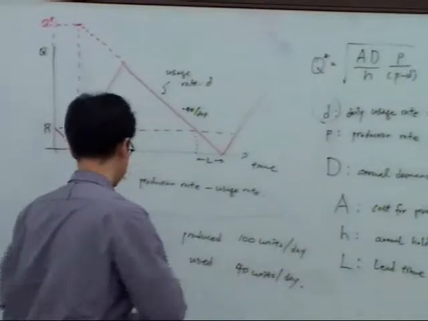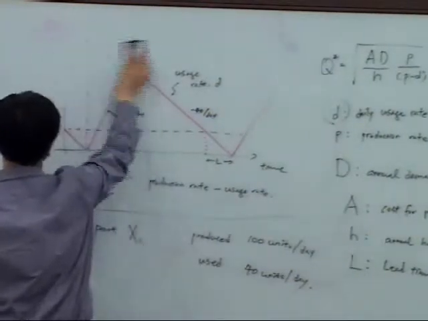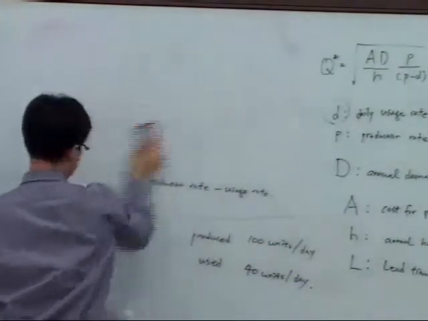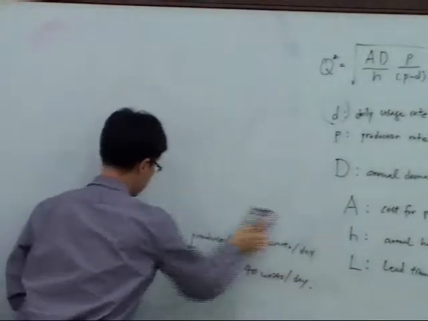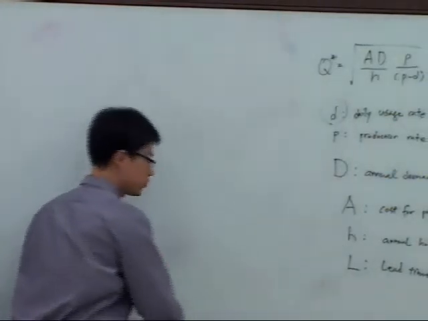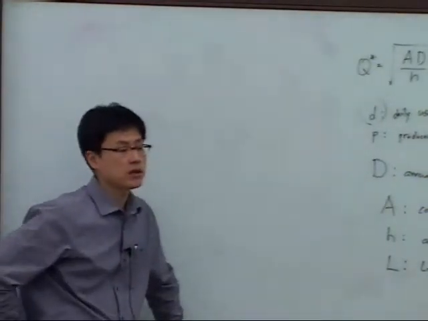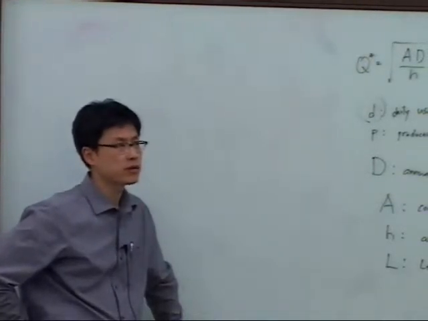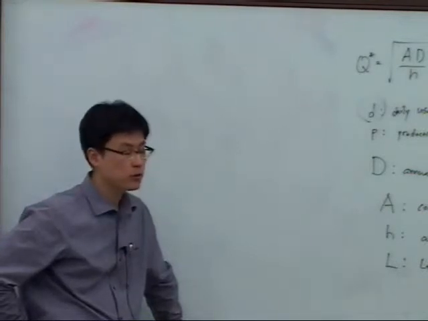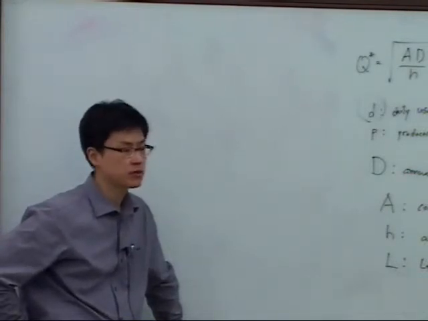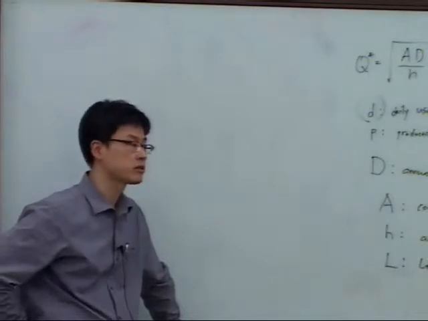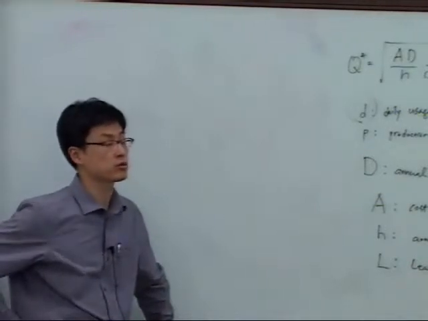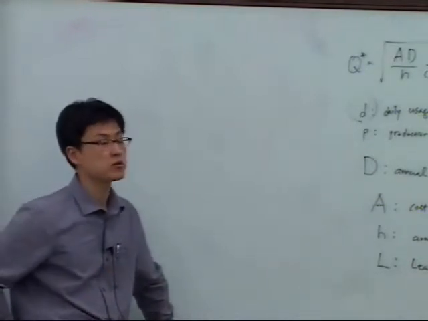But the basic derivation process is exactly the same. And if you get interested enough, you will put some more effort into observing some characteristic processes in a shipyard, and you can derive your own economic order quantity model based on some specific characteristic.